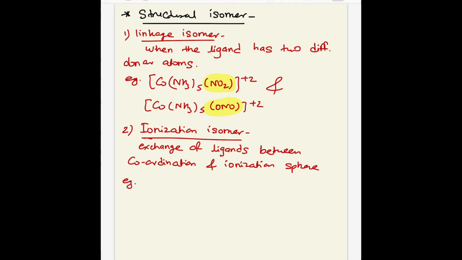The example of ionization isomerism: in those two complexes, the SO4 and Br are exchanged inside and outside the coordination sphere. So such type of isomerism is known as ionization isomerism.